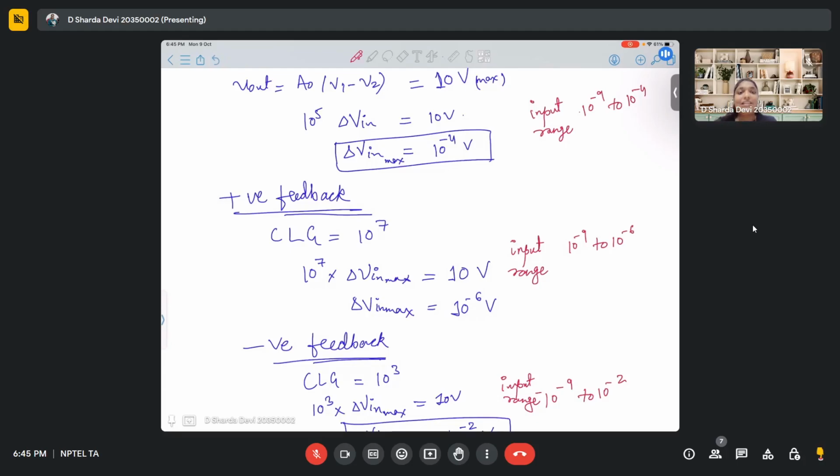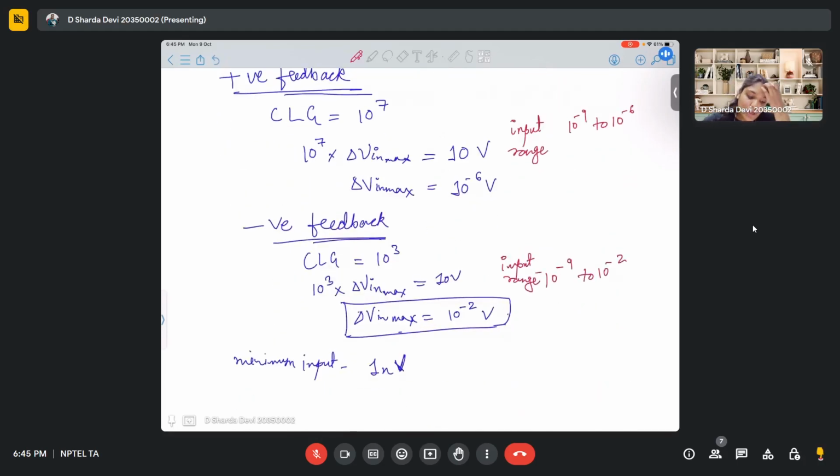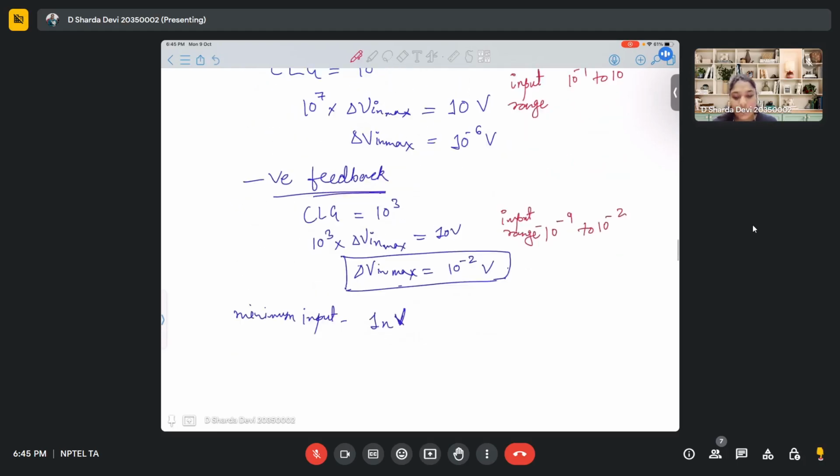We have increased the input range with negative feedback. And ideally, the gains used for op-amps in negative feedback are way less. Here we are considering a gain of 1000, but generally we design the op-amps for a feedback gain of 50 or 100. So it basically increases your input range. That's where you use feedback.